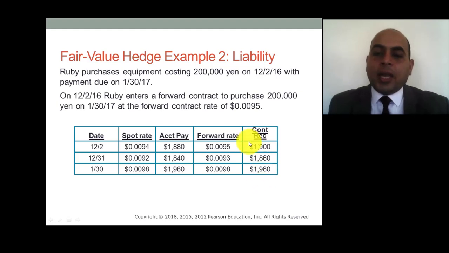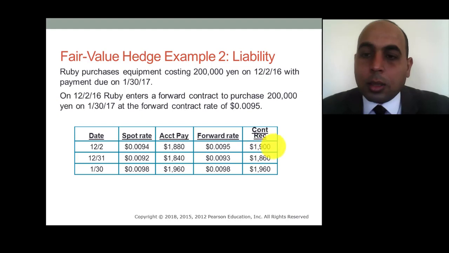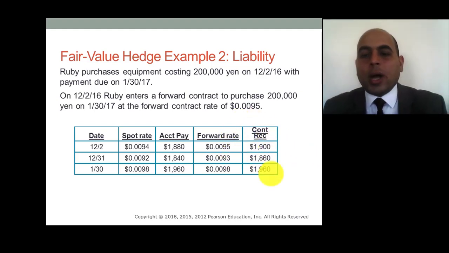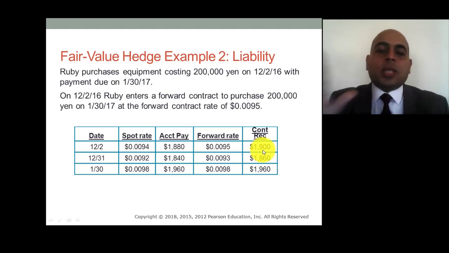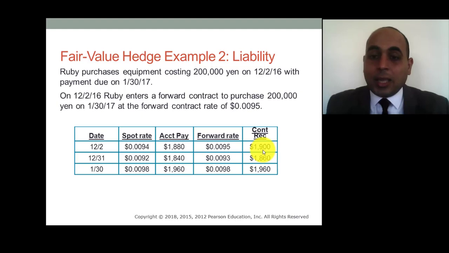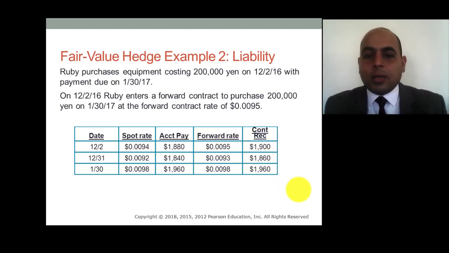On the other hand, we have entered into a forward contract to buy the 200,000 yen by 1,900. So I will pay this fixed amount, 1,900, whatever occurs. But the price of the forward contract has declined from 95 to 93.